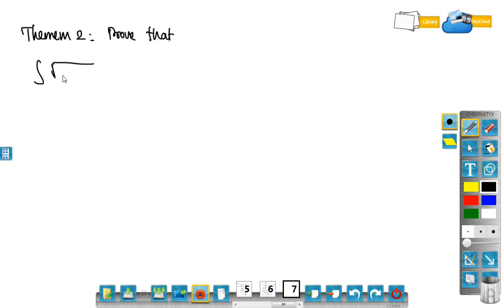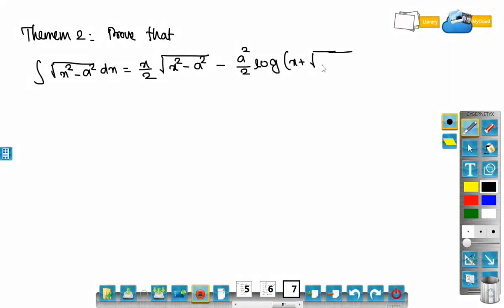The integral of under root of x square minus a square dx is equal to x by 2 under root of x square minus a square minus a square by 2 log of x plus under root of x square minus a square plus c.